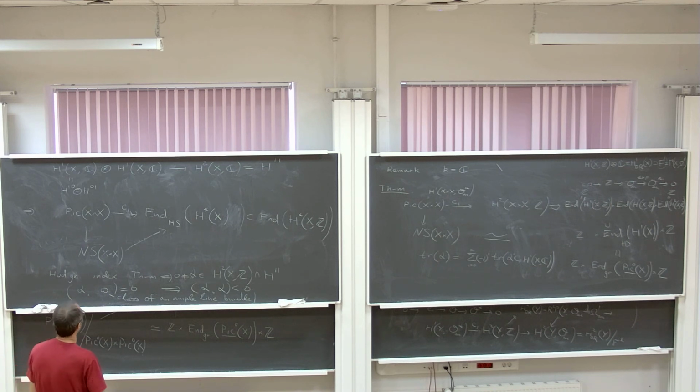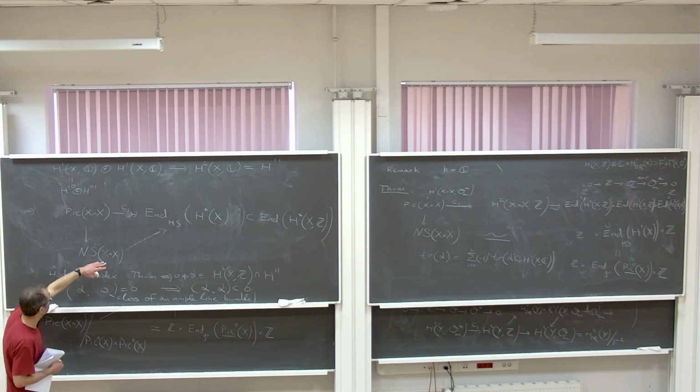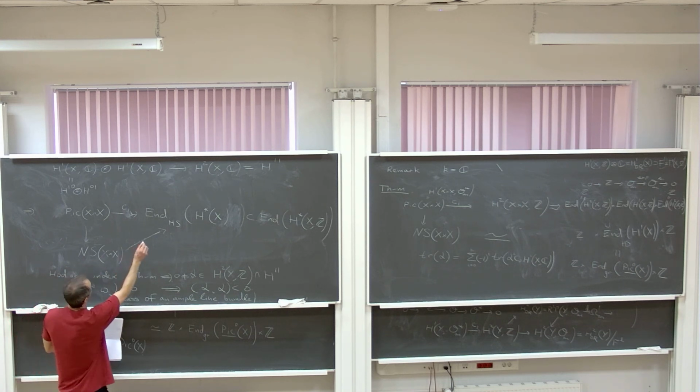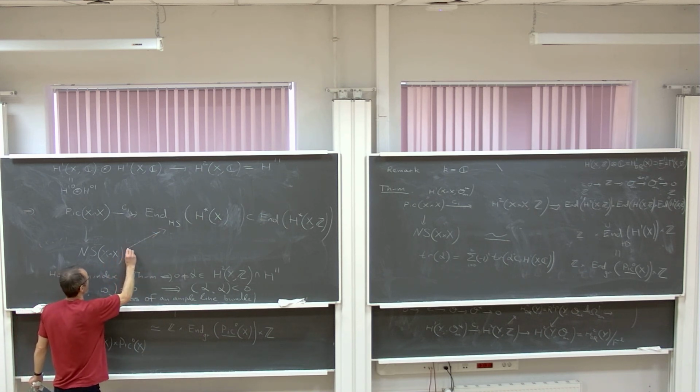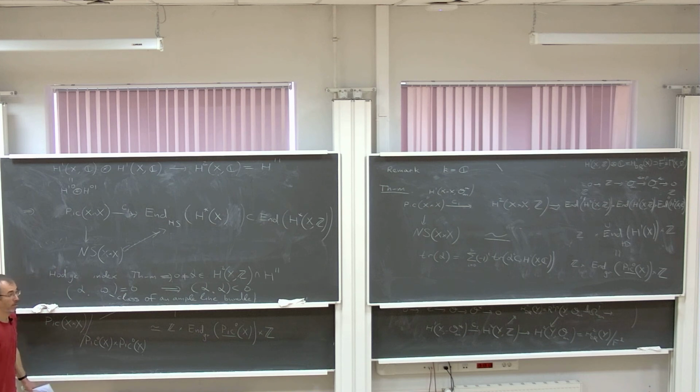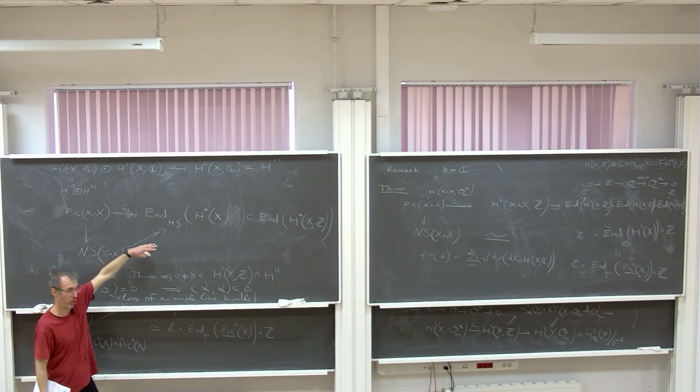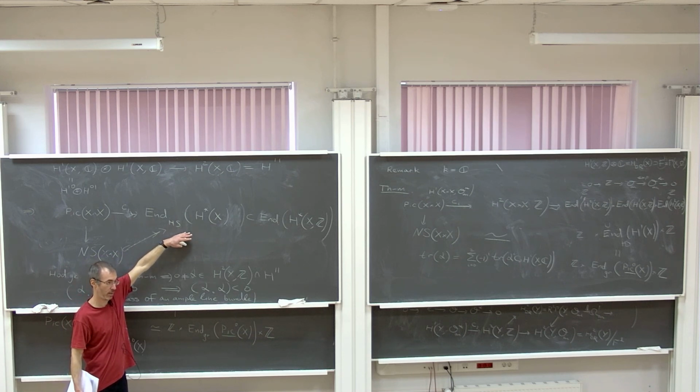Good. So now this implies that we have surjectivity here, we have surjectivity here. The injectivity part is obvious because the intersection here corresponds to the cup product here, right?